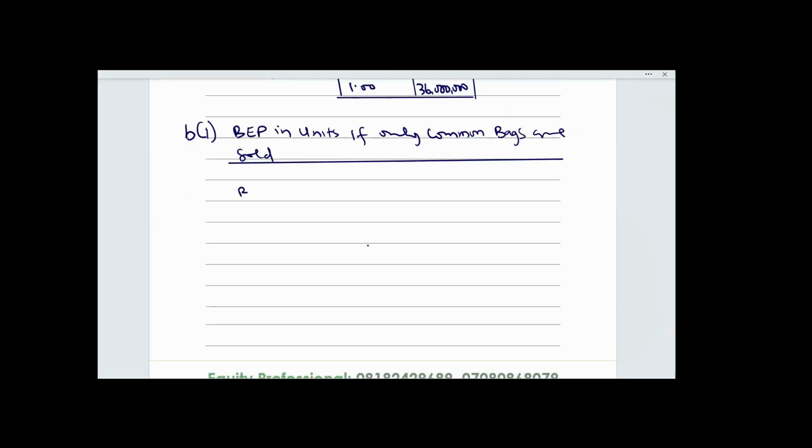In this case, break-even point in units will be calculated as fixed cost divided by contribution per unit. Which is equal to, fixed cost in the question is 12 million Naira. Contribution per unit for common, selling price of common is 200 Naira. Variable cost of common is 140 Naira.